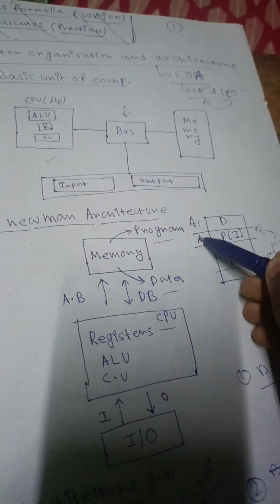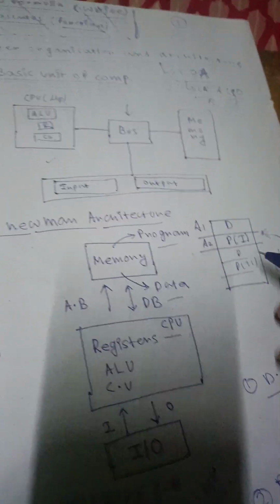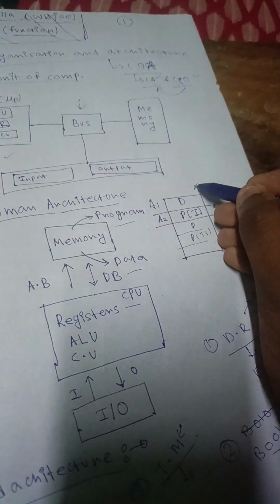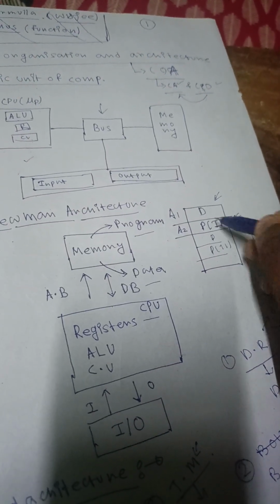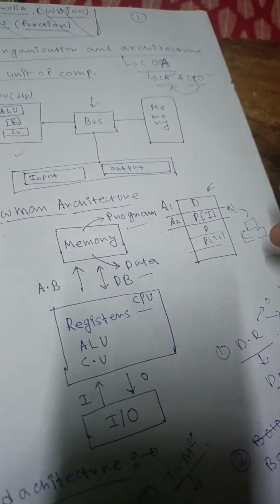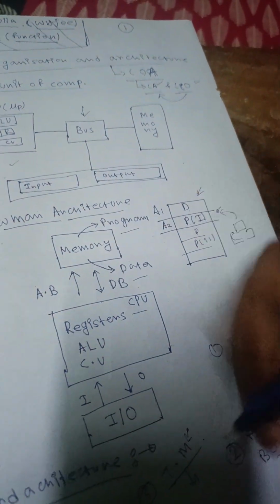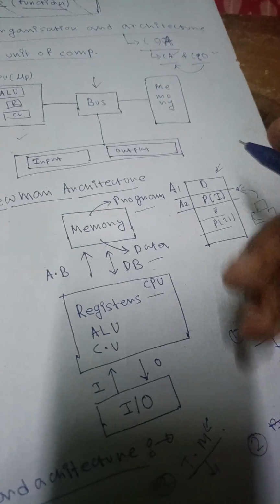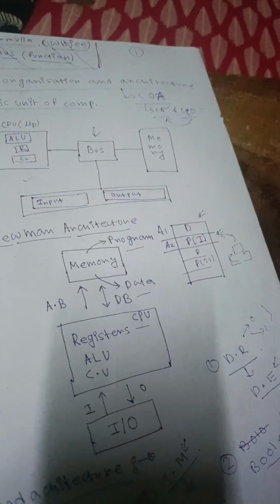So what are A1 and A2? A1 and A2 are the addresses. If we consider this as our memory, there are many parts, one is data and another one is program. There can be only two types of contents in computers, data and programming logic, the programming workflow.